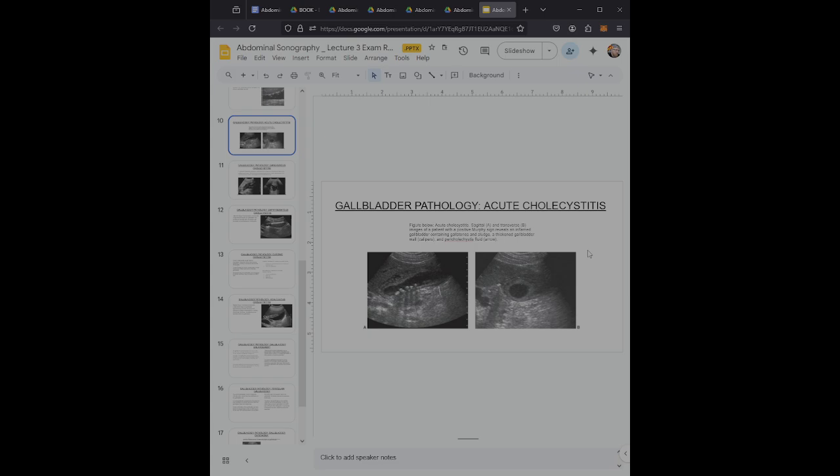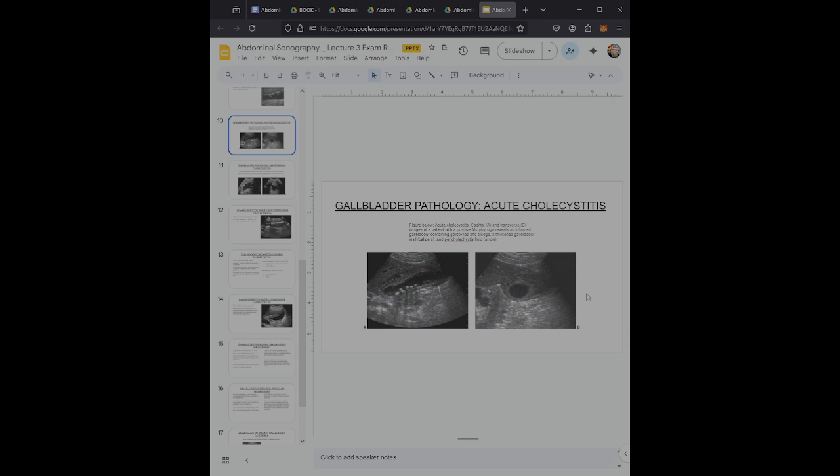Other sonographic findings include gallstones, pericholecystic fluid, which would be fluid surrounding the gallbladder, sludge, and thickening of the gallbladder wall, which will contain pockets of edematous fluid, creating a striated appearance. And when acute cholecystitis is suspected, we should first evaluate the gallbladder for progression to gangrenous cholecystitis or gallbladder perforation.